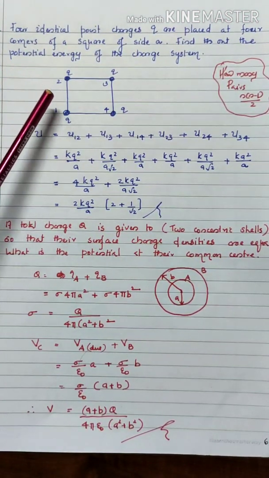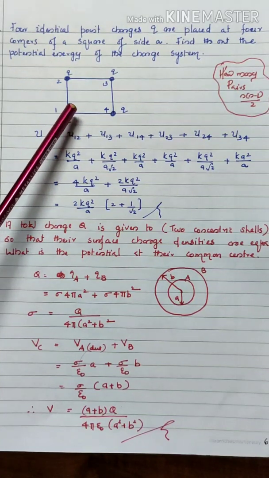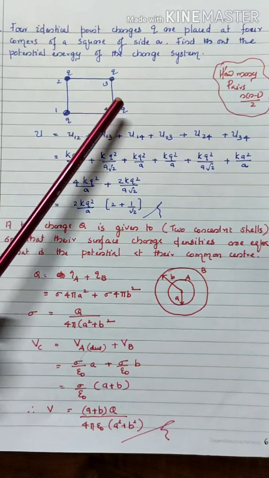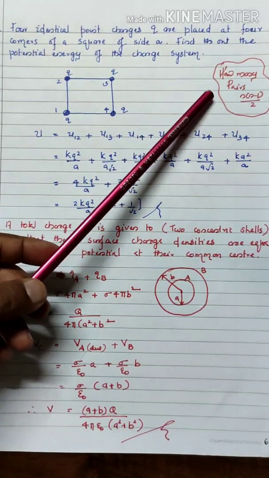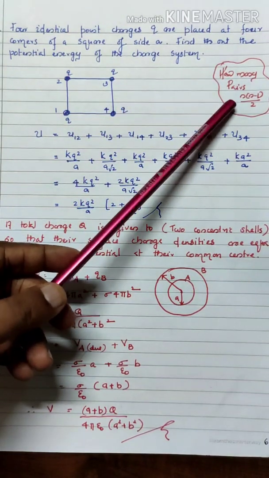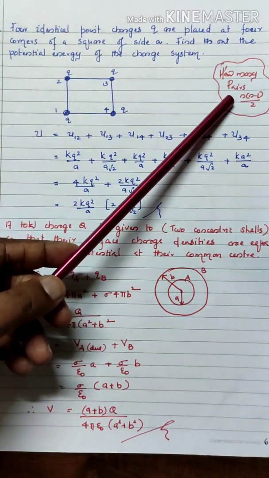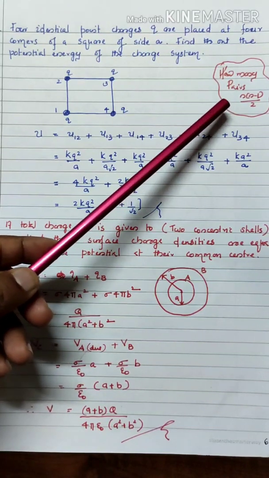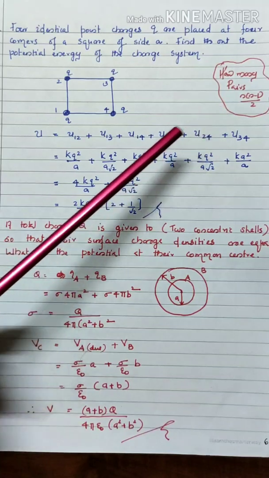So the different pairs responsible for the potential energy we can easily find: if n number of charges are there, the number of pairs is n into n minus 1 by 2. So that is equal to here 4 into 4 minus 1, 3, by 2, 12 by 2, 6 in number.